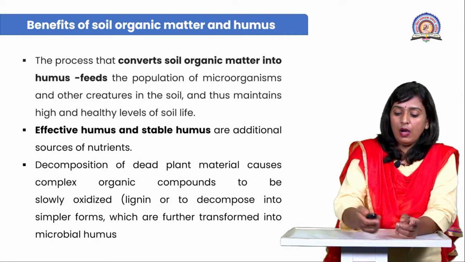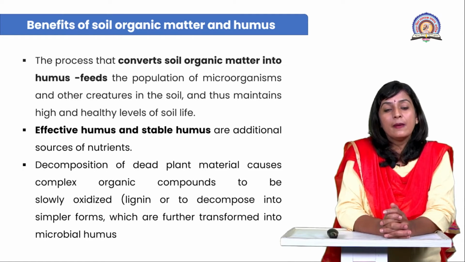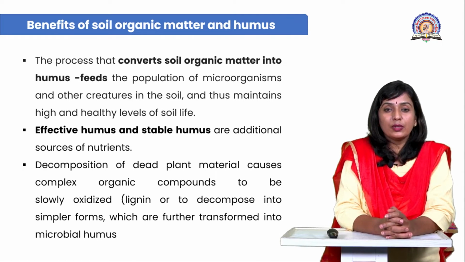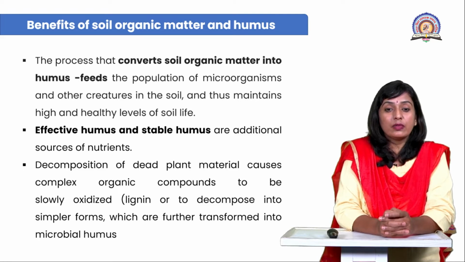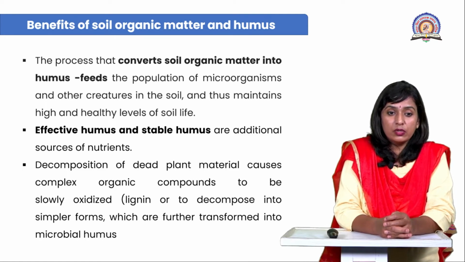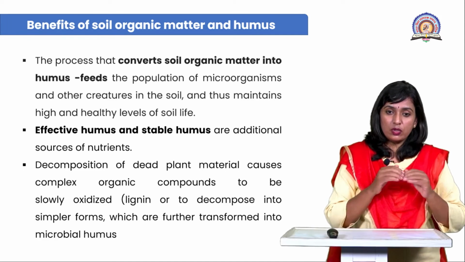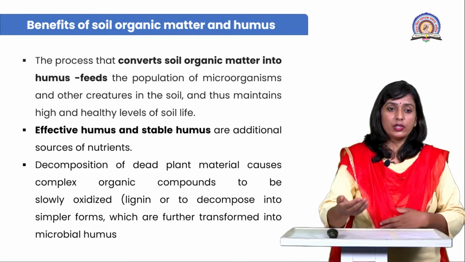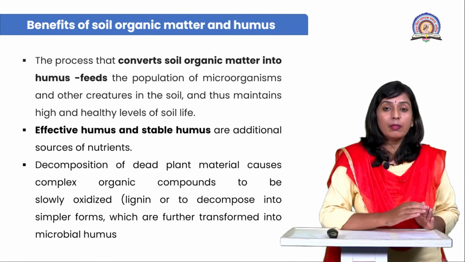Right? Now, after studying the different components of the humus, let's see what the benefits of humus are. The process converts soil organic matter into humus. It is a complex process in which soil organic matter gets converted into humus. Who is going to convert it?